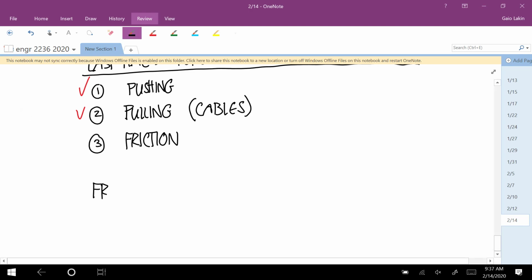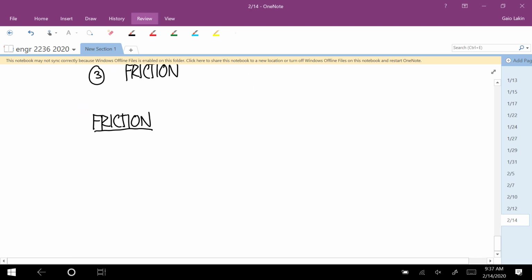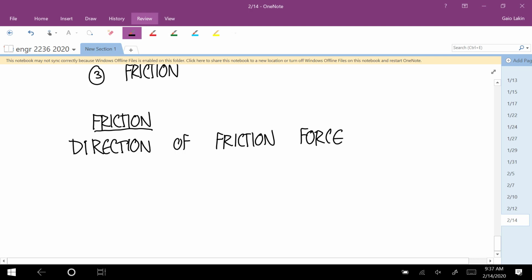Okay, so a friction force. The direction of the friction force is, first, always parallel to the surface.